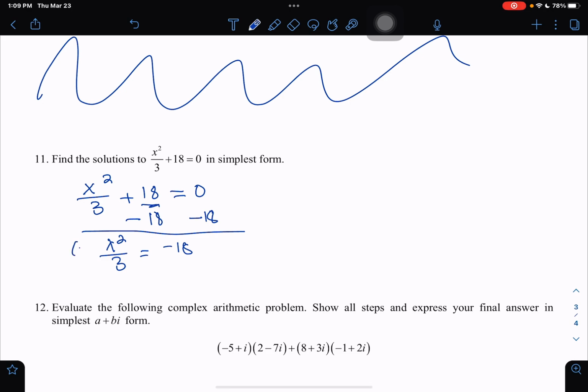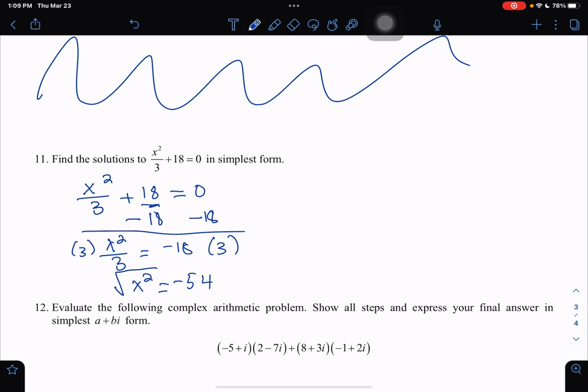Then we can multiply each side by 3, right, so we get x squared is equal to 3 times 18 is 54, negative 54. That's the next step.